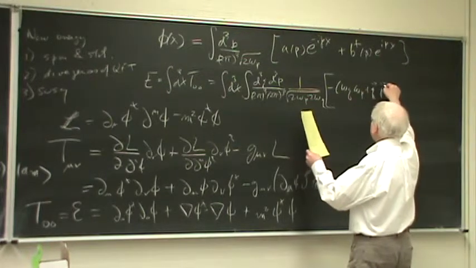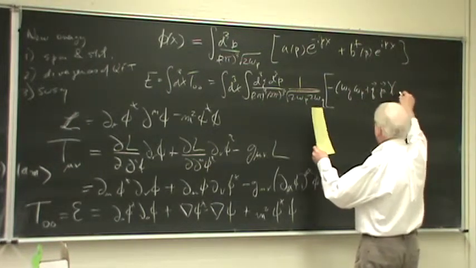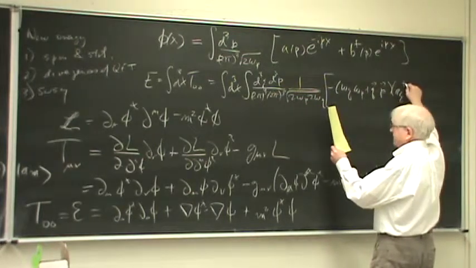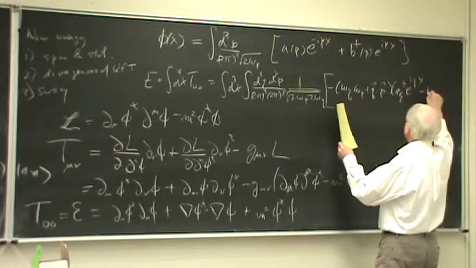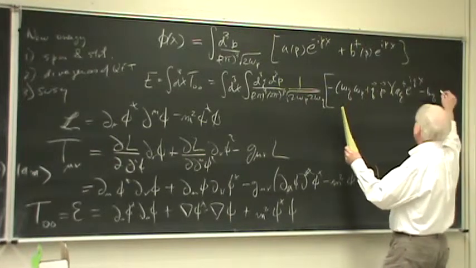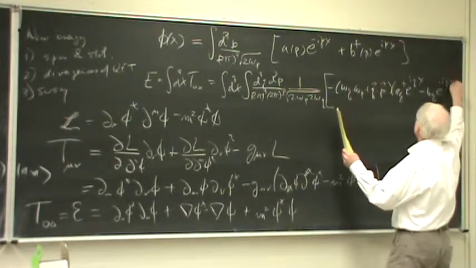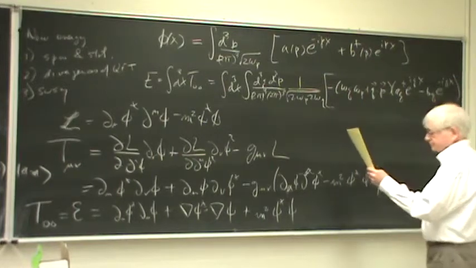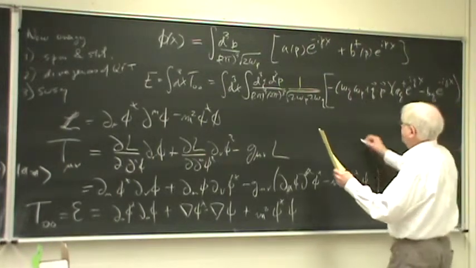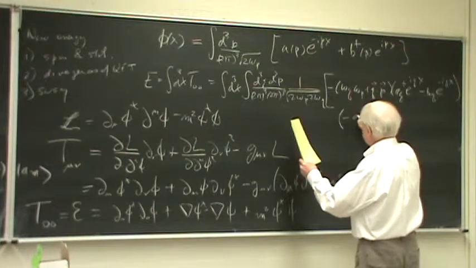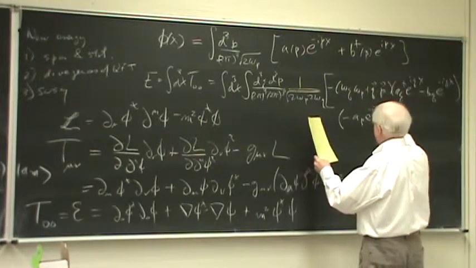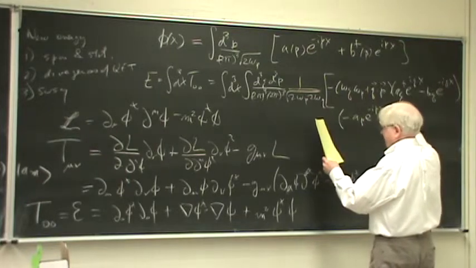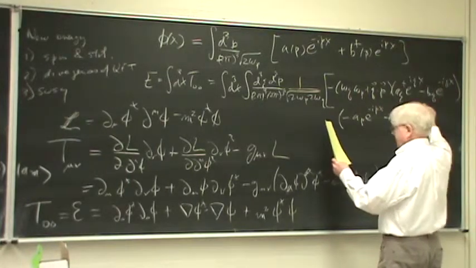These are three vectors now. Aq dagger e^(iqx) minus Bq e^(-iqx) times minus Ap e^(-ipx) plus Bp dagger e^(ipx).